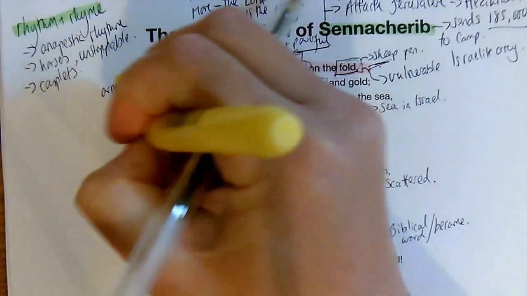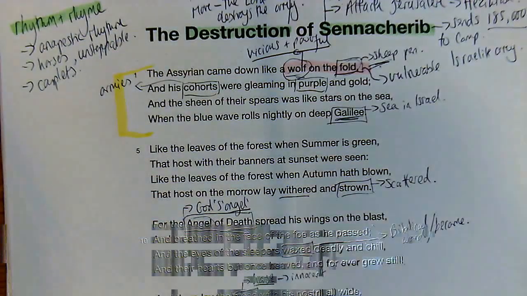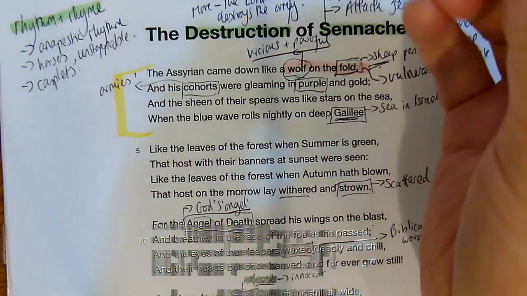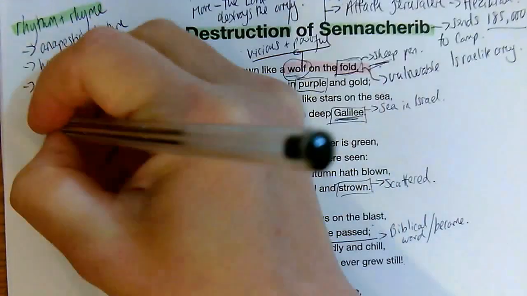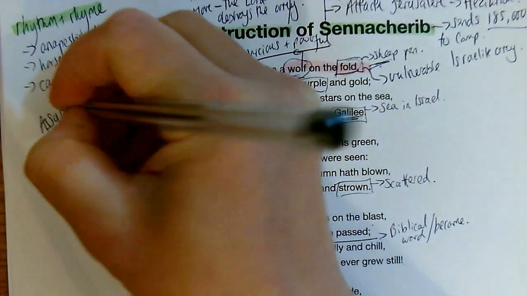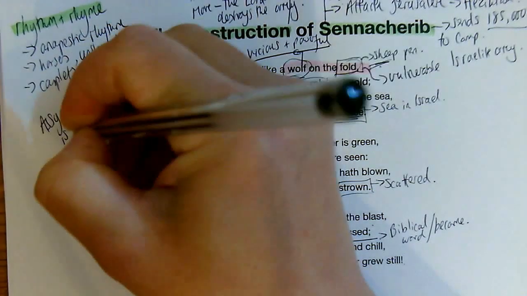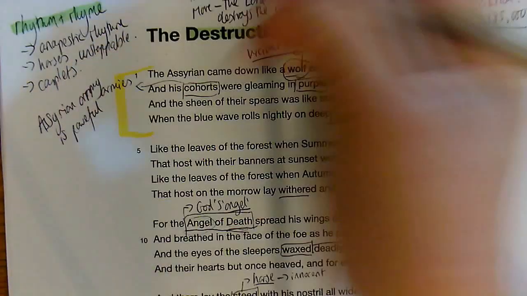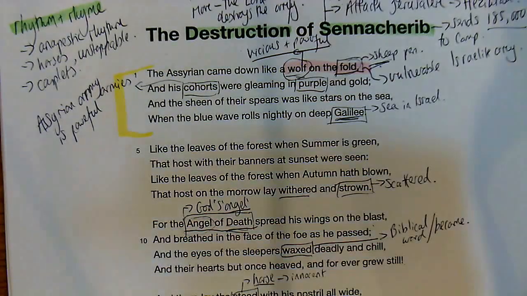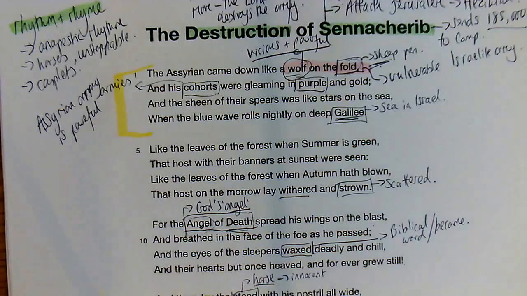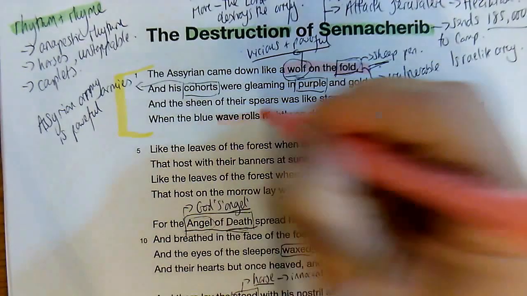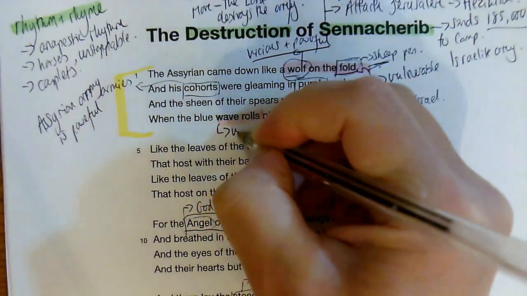So I'm working through this in terms of how this develops stanza by stanza. The Assyrian army is powerful. There's nothing that can go against them at the moment. The idea that the blue waves rolled, unstoppable.